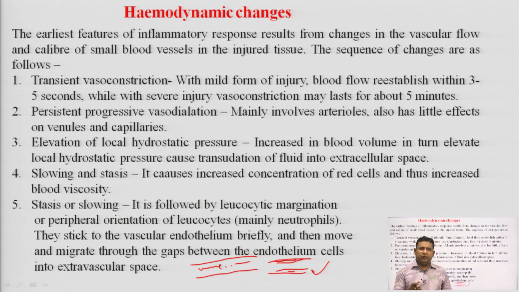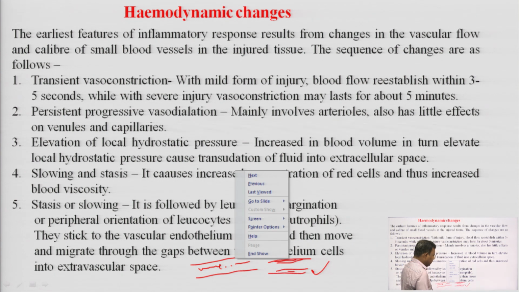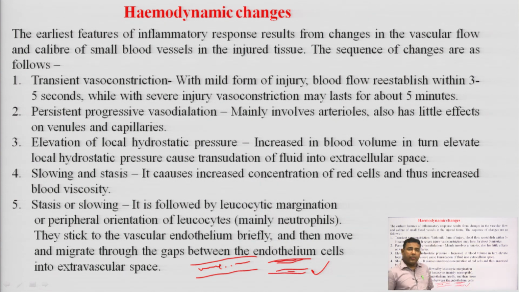Mainly the neutrophils stick to the vascular endothelium briefly. The endothelium is there in the blood vessel membrane. So, the endothelium will be sticky for a very limited period of time for the neutrophils and the other WBCs.